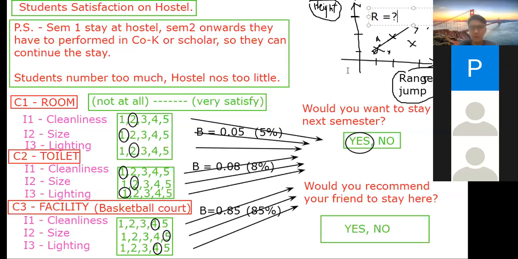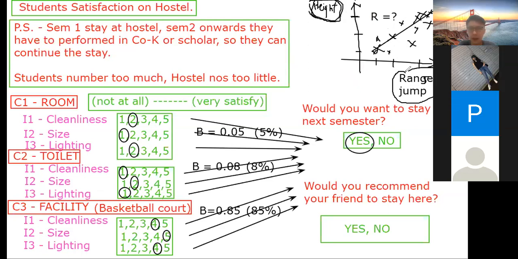So this is a correlation between two items, height and range.